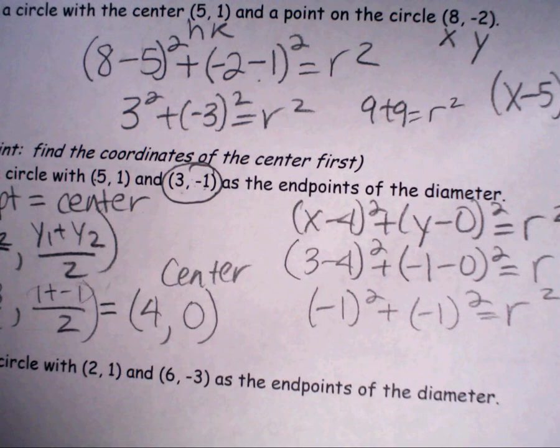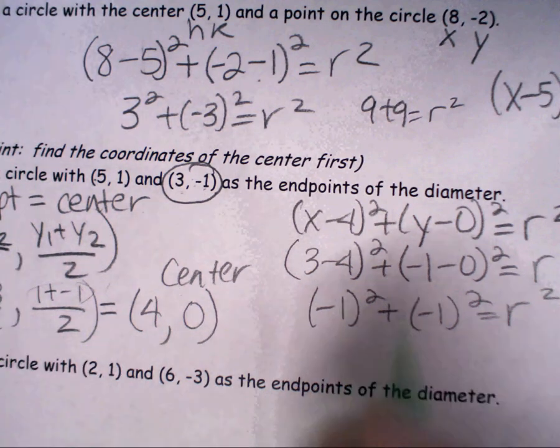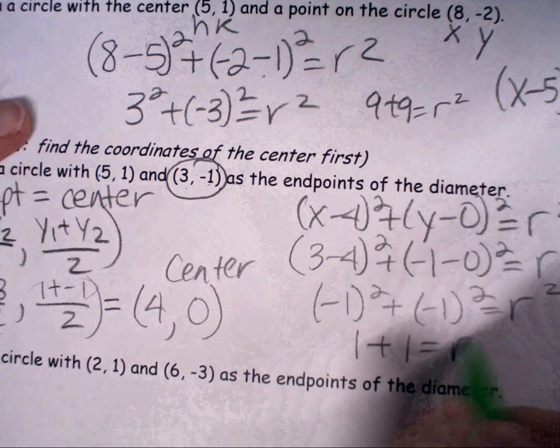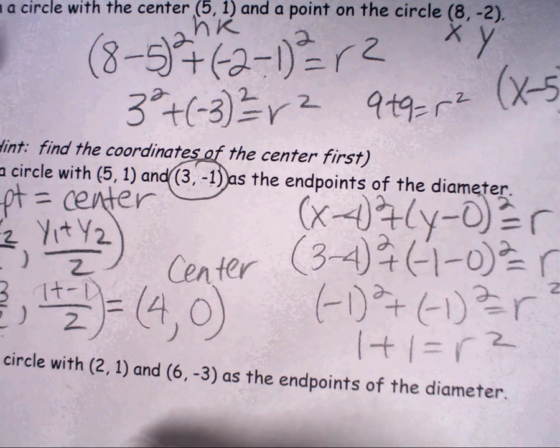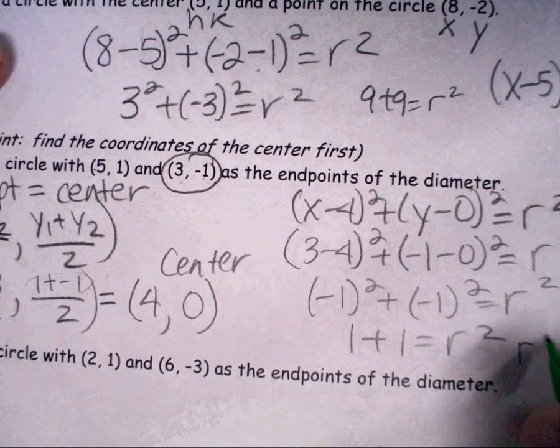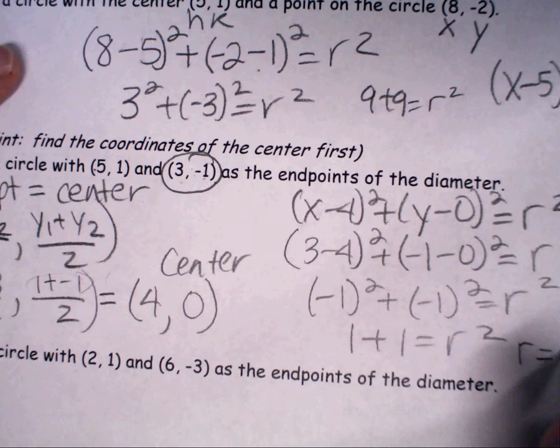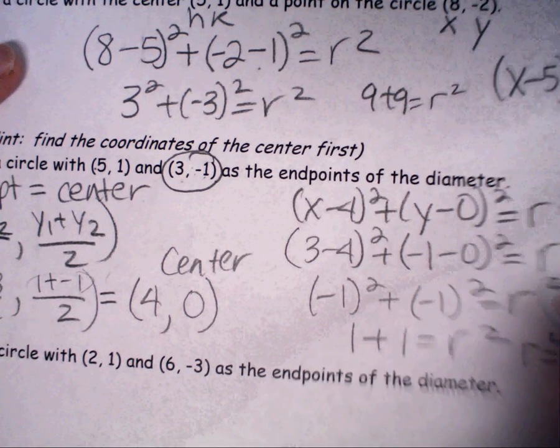Making sure all my work is right. So then we get 1 plus 1 equals r squared. So r squared equals 2.